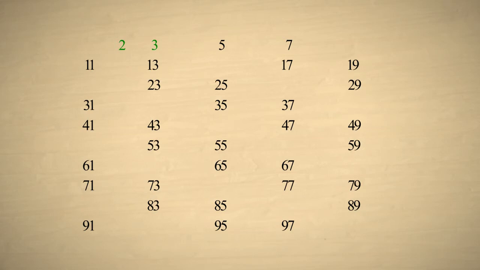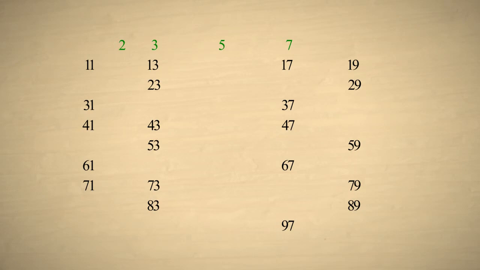Now, the next number in our list, 5, will be prime. We then eliminate all the numbers divisible by 5. Now, the next number in our list, 7, will be prime. We then eliminate all the numbers divisible by 7.